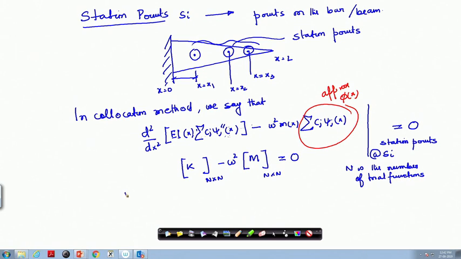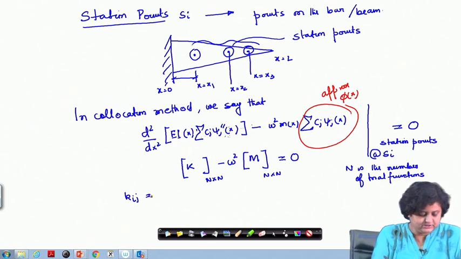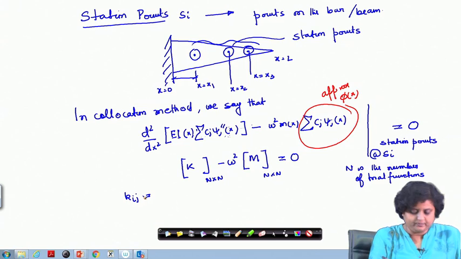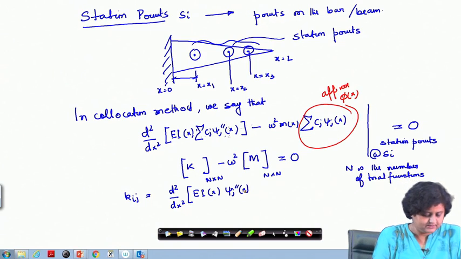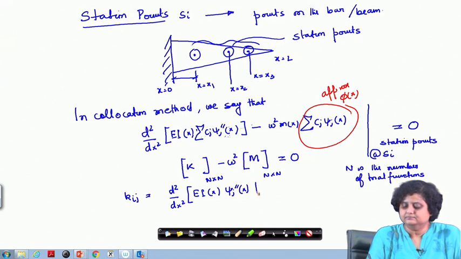Now, what is K? What is Kij? Kij is going to be d2 dx square into Eix psi j double dash x at x equal to Si.